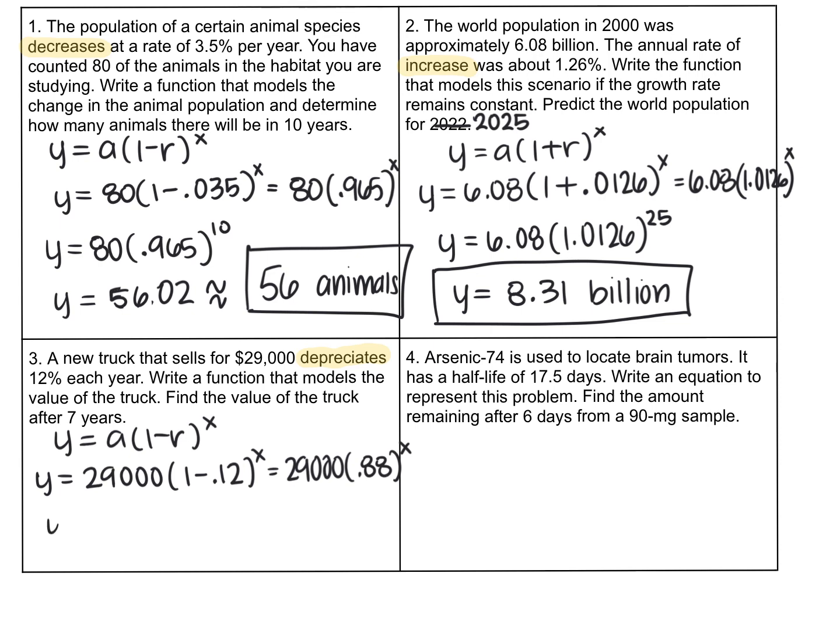So when it comes to finding the value of the truck after 7 years, I'm going to plug in 7 for x, so 29,000 times 0.88 to the 7th. When it comes to a problem like this where I'm dealing with money, my final answer should always be rounded to 2 decimal places.